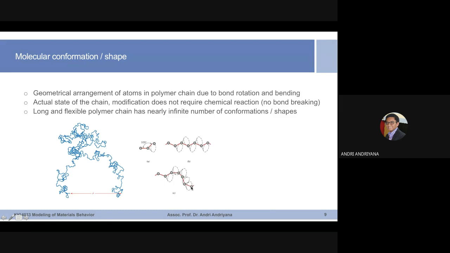So the deformation of polymer, or more specifically of rubber, from the molecular standpoint, is that we change the shape of the polymeric chain, and this is through bond rotations and bond bending. If we want to change the conformations or the shape, we don't need chemical reactions. We don't need to break the atomic bond in the polymeric backbone. I hope this is clear.